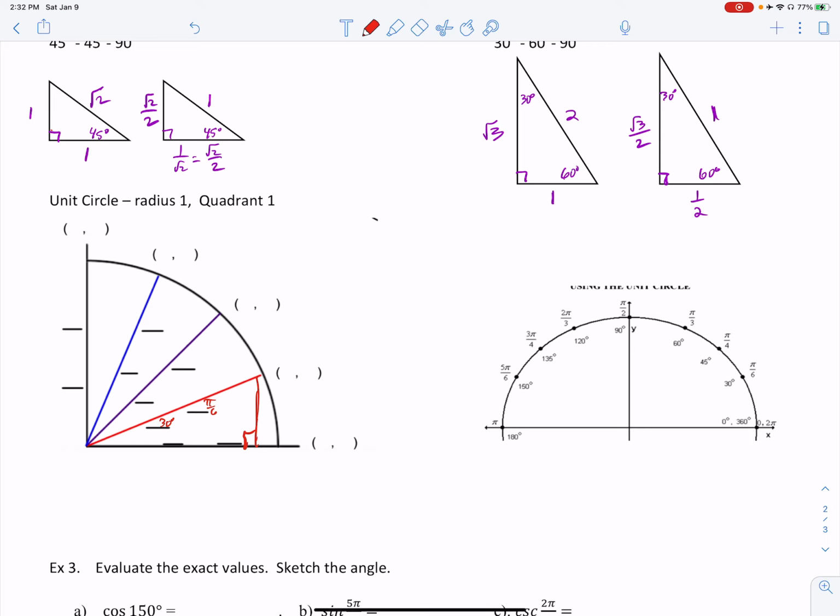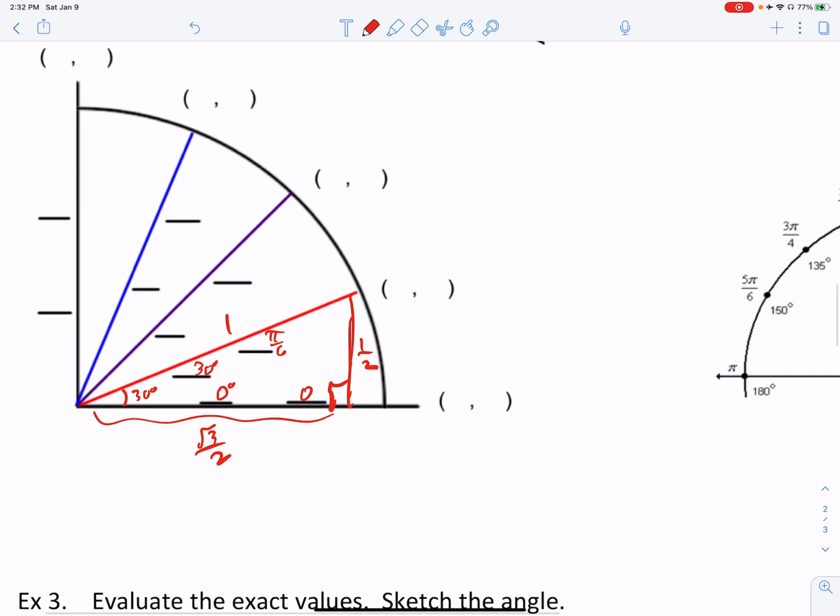On the x-axis, it's 0 degrees or 0 radians. And since this angle would be 30 degrees and the hypotenuse is 1, here's our short leg, and this would be my long leg of root 3 over 2, using that 30, 60, 90 triangle where the hypotenuse is 1. So the xy ordered pair is, I'm going to the right root 3 over 2, and I'm going up 1/2.